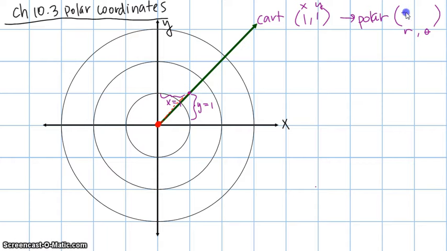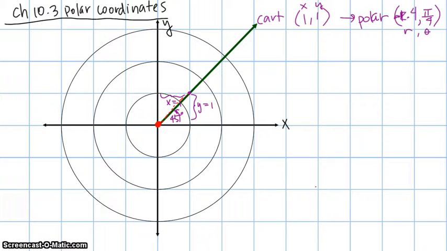So around 1.4-ish, maybe 1.5. And then the theta here, this being our reference point from this 0 degrees, is going to be exactly 45 degrees. And that we know because it's an isosceles triangle, 1, 1, right? So in radians, 45 degrees would be pi over 4, right?